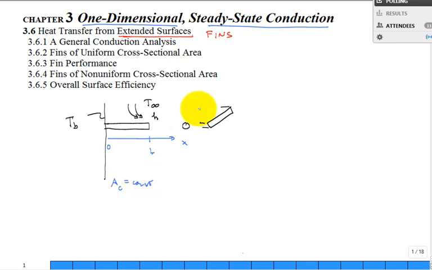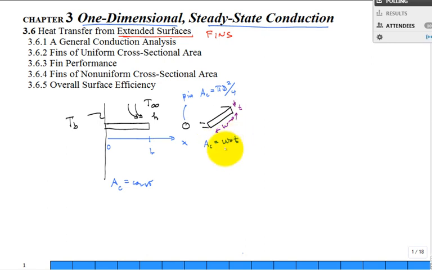And so for a round pin fin of diameter d, A sub c is pi d squared over 4. And for the rectangular fin, we talk about the thickness t and the depth, or width, w. In that case, the cross-sectional area is w times t.